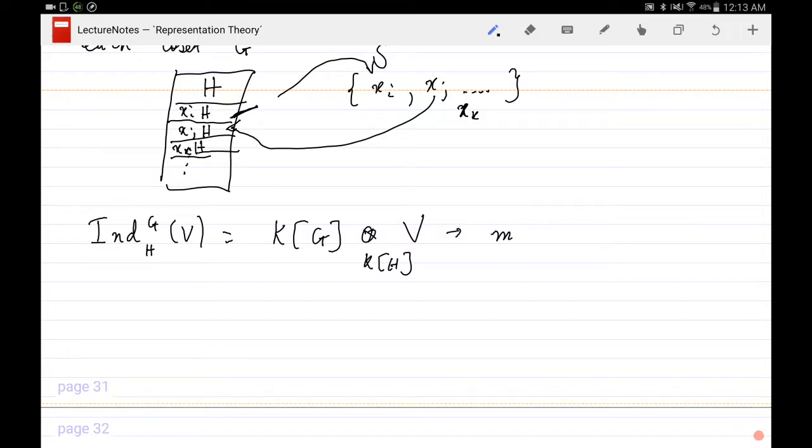This is more general. So let's first explore what this means.